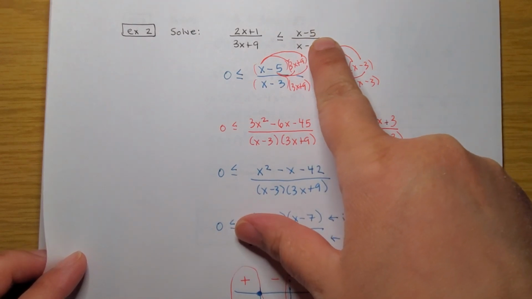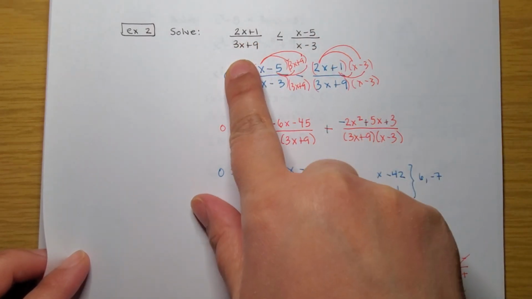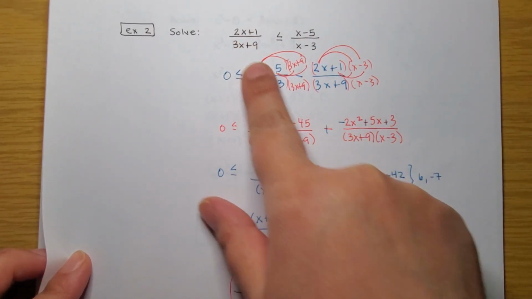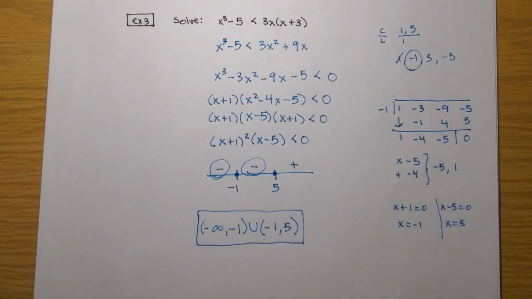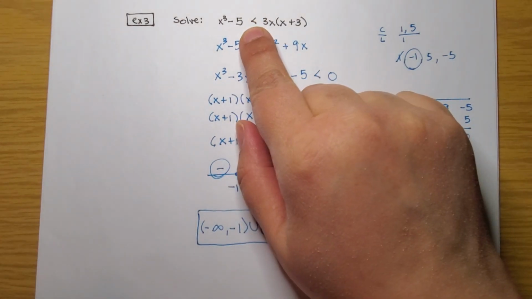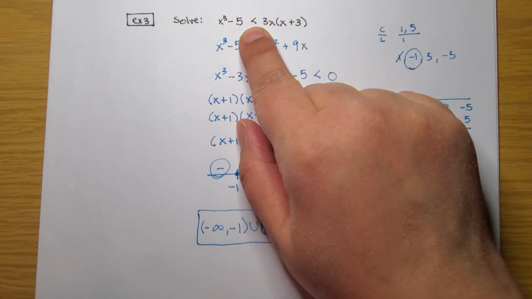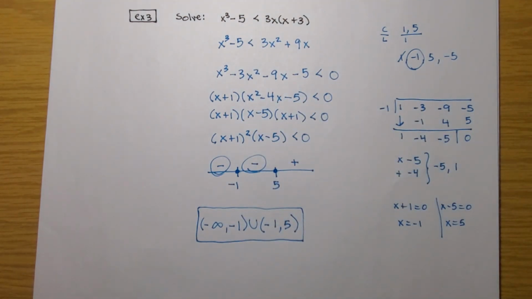We brought this 2x plus 1 over 3x plus 9, we subtracted it to the other side. You want to avoid multiplying or dividing by anything with an x, because if you multiply or divide by something with an x, that could inadvertently impact your inequality symbol. So you get everything to one side so that 0 is on one side, everything else is on the other.